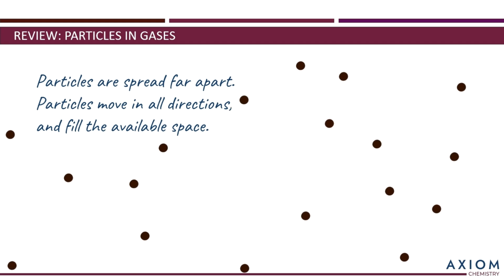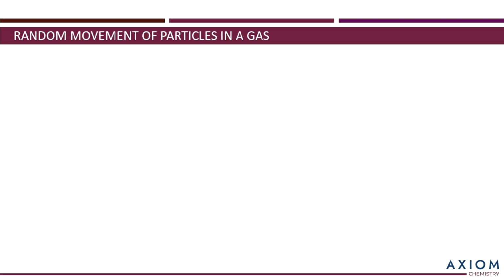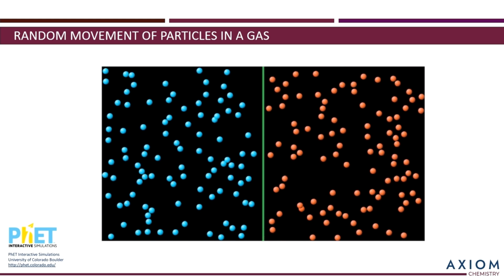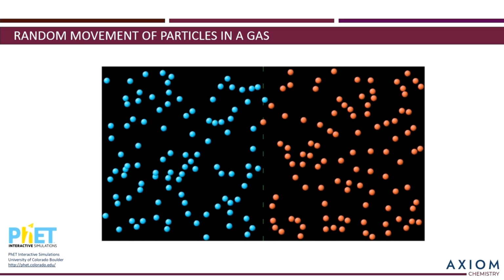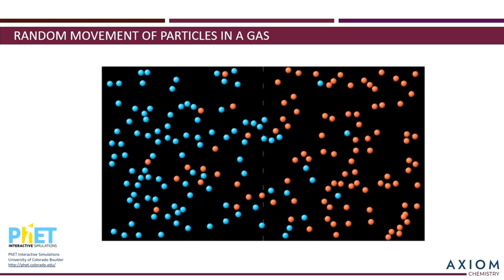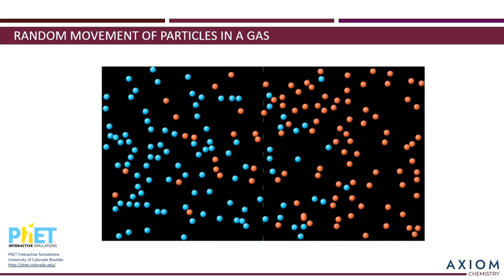Now that's how particles of a single type of gas might move. How about if we had two different gases? Well, let's take a look at a simulation which shows two different gases. I'm going to remove that barrier and I want you to watch what happens to the particles. Now, because all of them are moving randomly, they gradually start to mix.